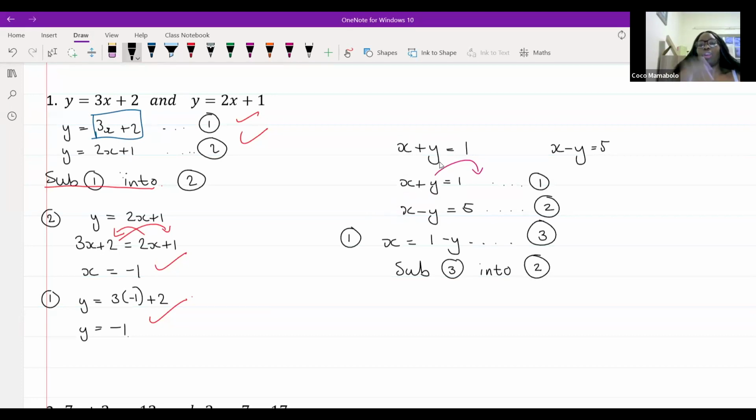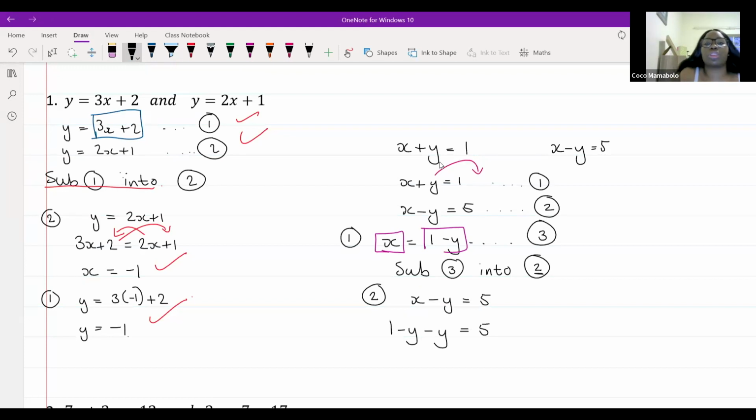Sub them in, right? That means I'm going to use equation 2, which says x minus y is equal to 5. Wherever I see x, I'm going to replace x with 1 minus y. So I'm then going to get 1 minus y minus y is equal to 5.